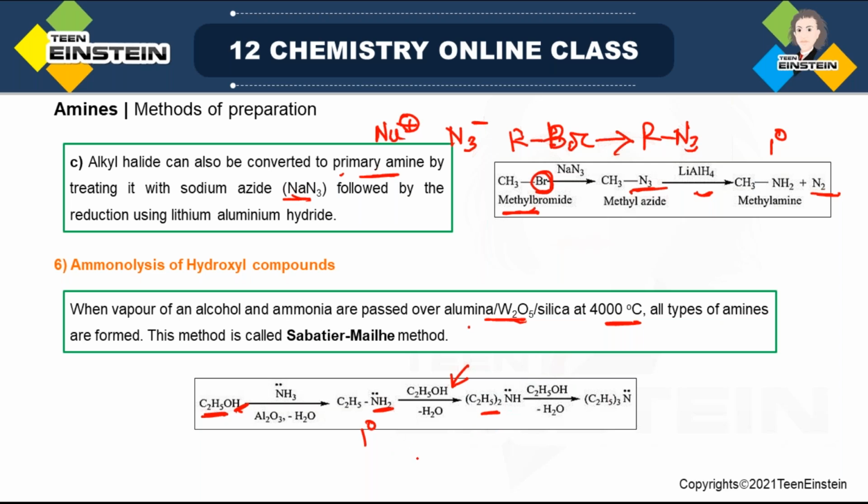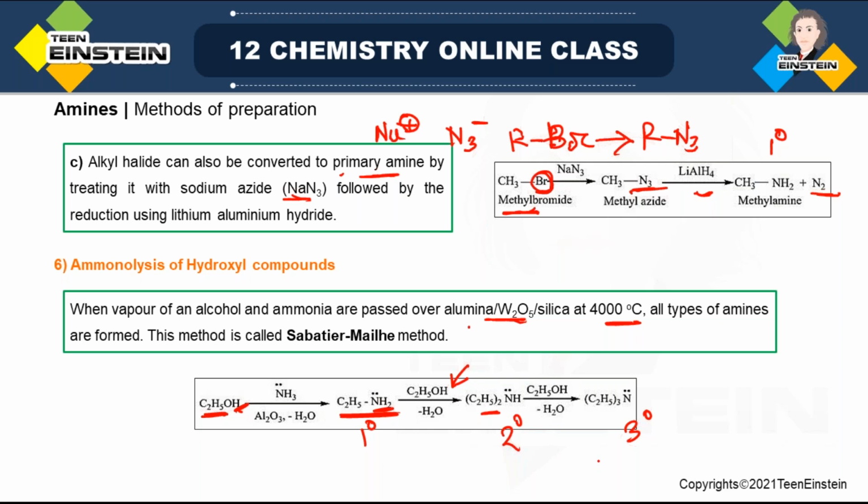So as if here C2H5NH2 is acting as a nucleophile. Just as in the first step, ammonia itself is the nucleophile, attacking this carbon and OH is removed. Now the product itself is a nucleophile and it is attacking the C2H5OH molecule, and we are getting diethylamine. Then this is 2 degree, but if you want to get 3 degree, you have to add another molecule of C2H5OH.